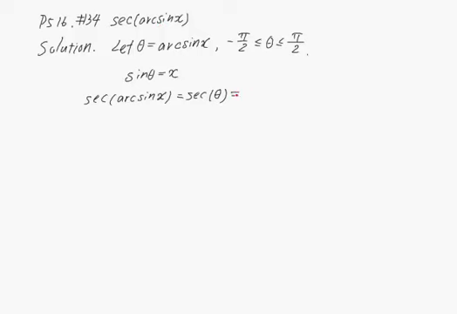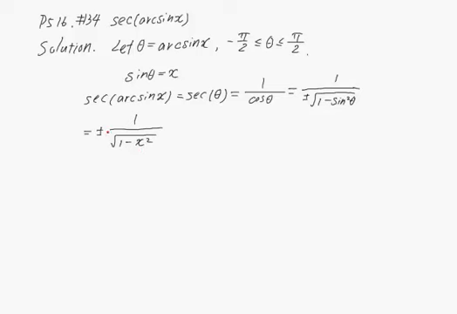We know secant theta is equal to 1 over cosine theta, and cosine theta is equal to plus minus the square root of 1 minus sine squared theta. Then this is equal to plus minus 1 over the square root. Now let's replace sine theta by x, so you have 1 over the square root of 1 minus x squared.